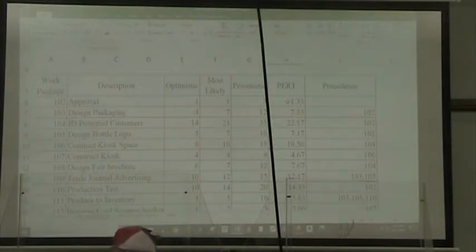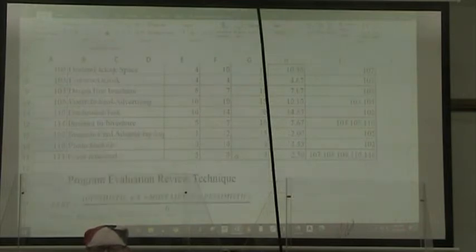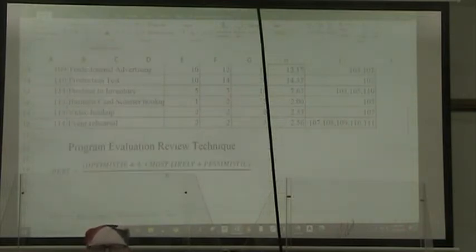If we're going to use this technique, we can do everything on Excel, and we can just use Excel to do our calculations right along. Okay, so that's it for the Program Evaluation Review Technique.